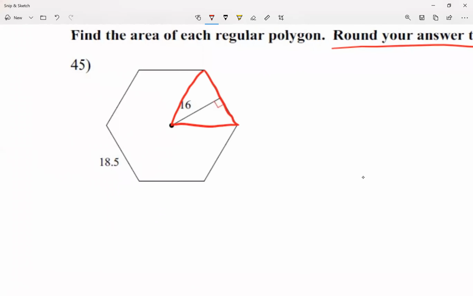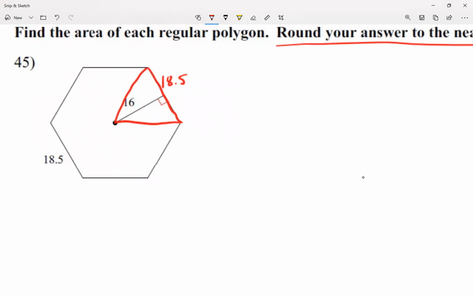I'm looking for a triangle that has the 90-degree symbol. And I know each measurement outside of my polygon is 18.5. So if I was just looking at that triangle, I will say 16 times 18.5 divided by 2. That is just that one triangle.